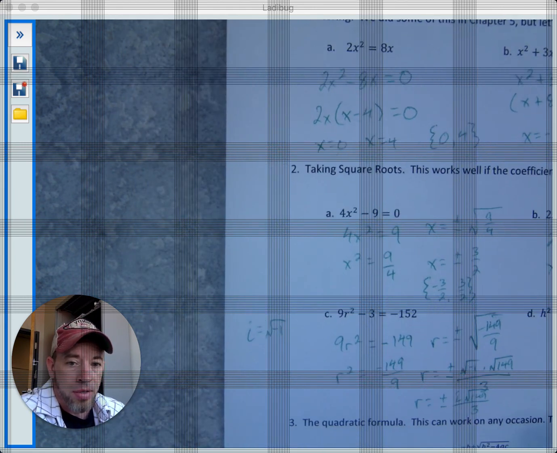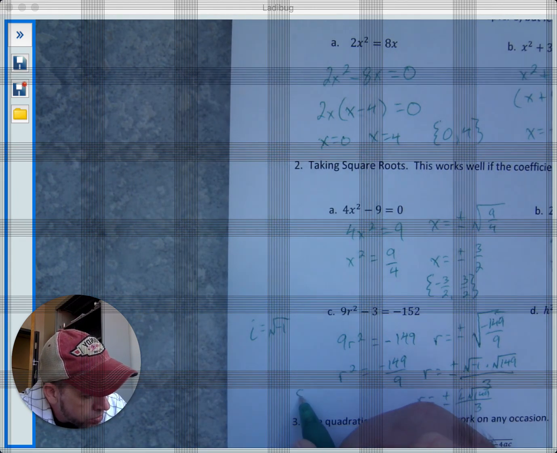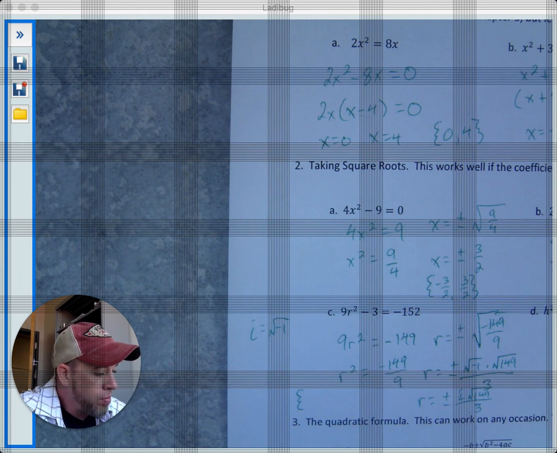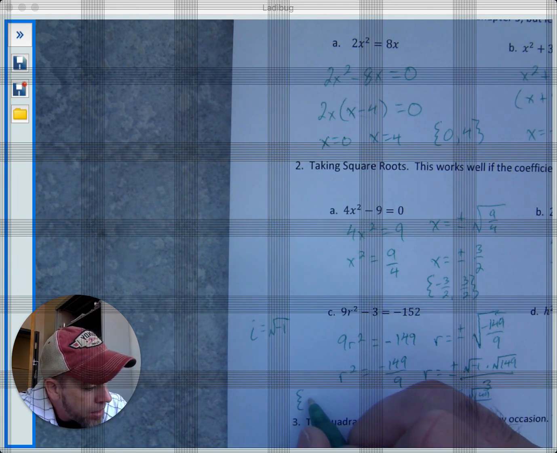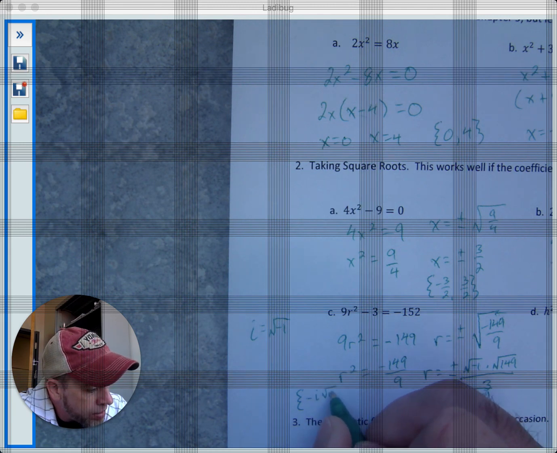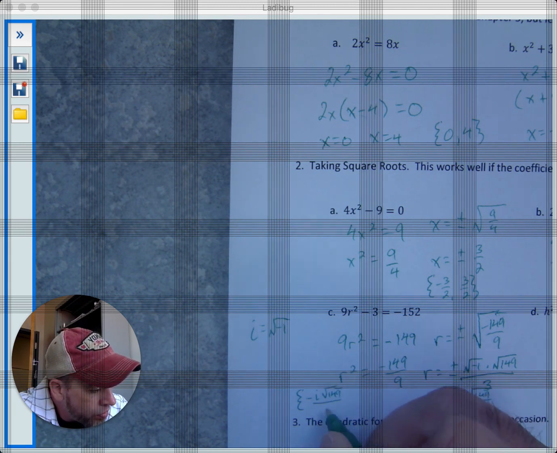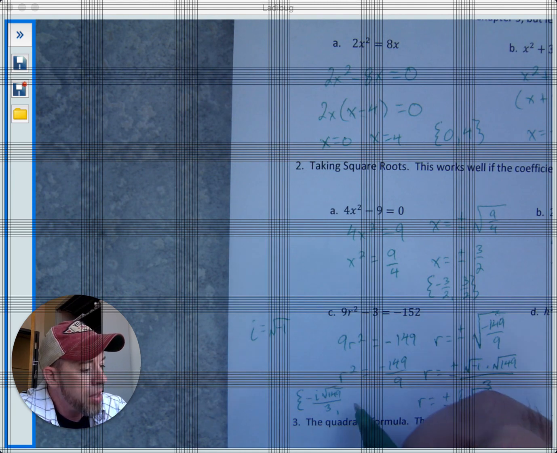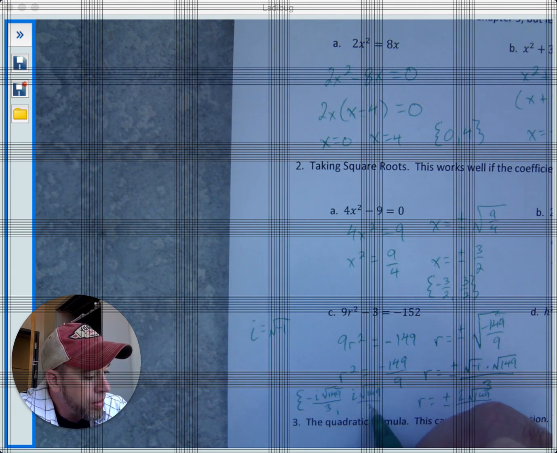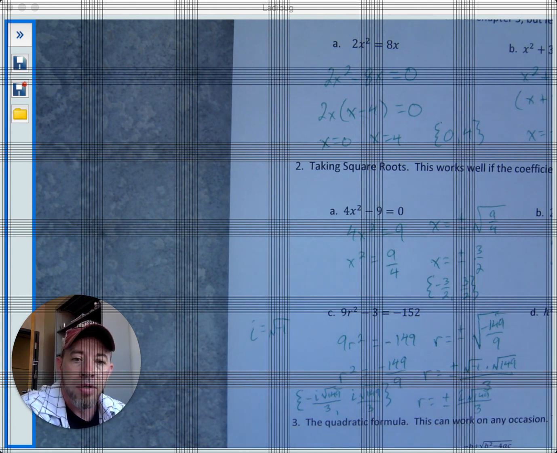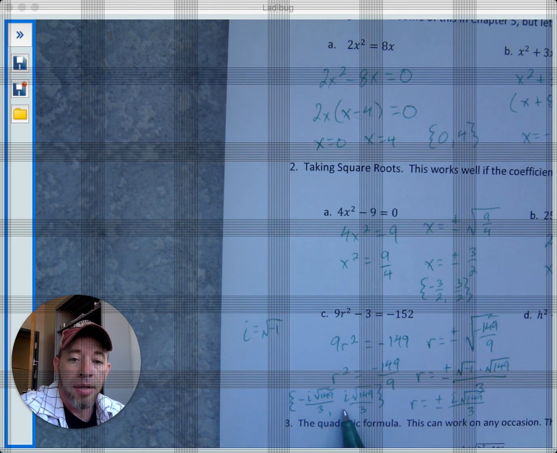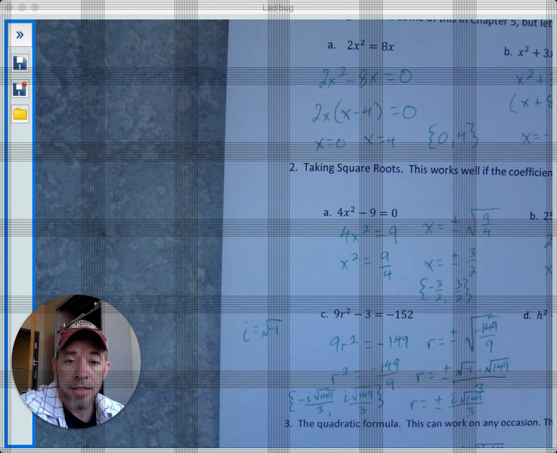So our solution set, I have the brace for the solution set, and then we have negative i square root of 149 over 3, and we have positive i square root of 149 over 3. So that would be your solution set. Does not look pretty, but that's what it is.